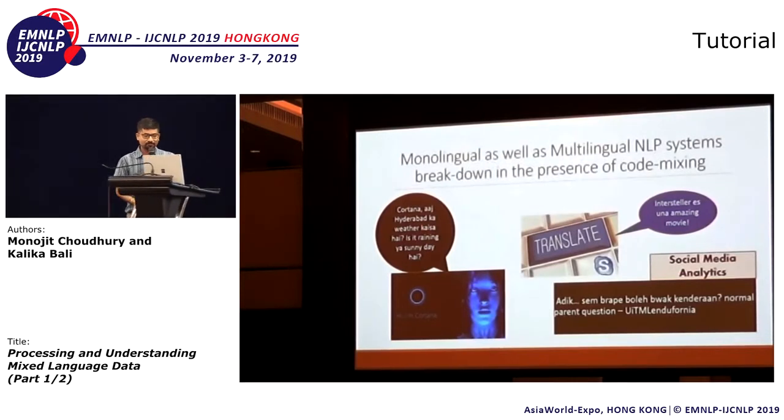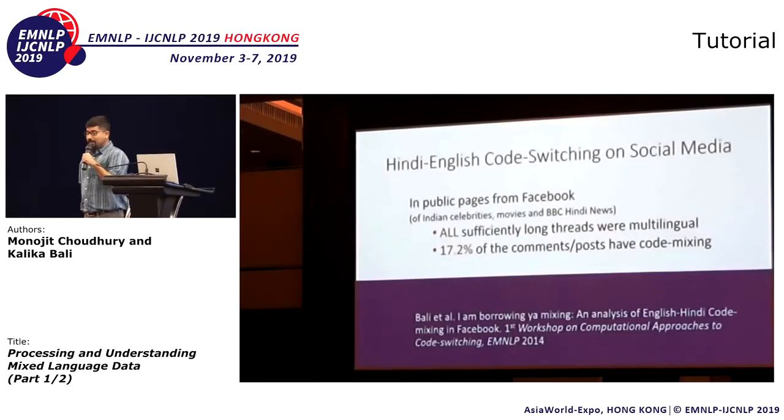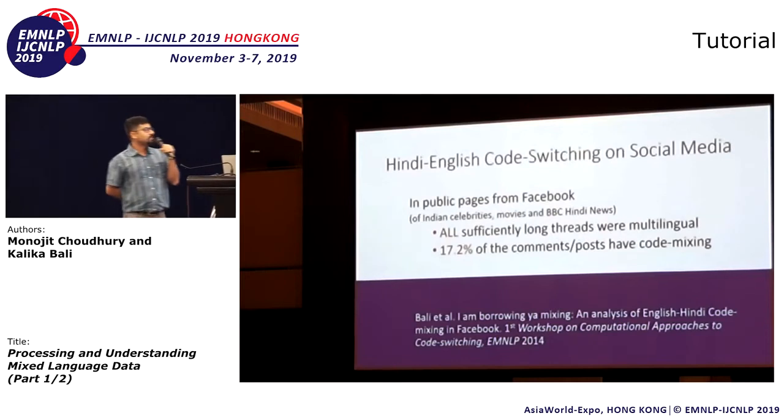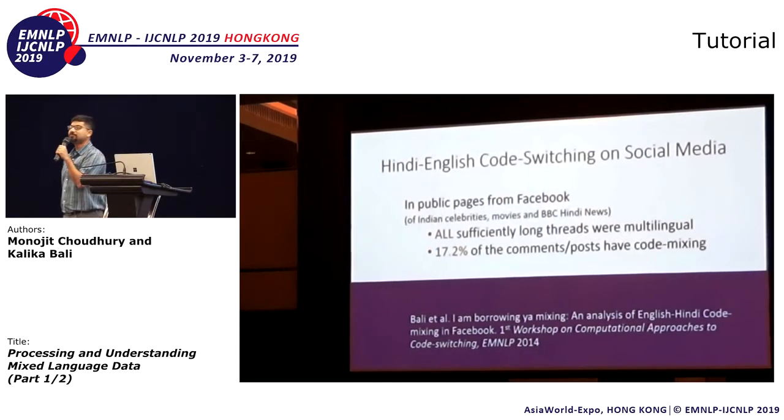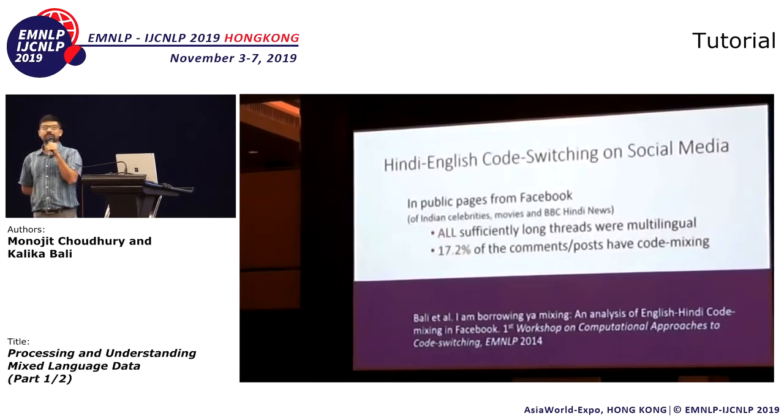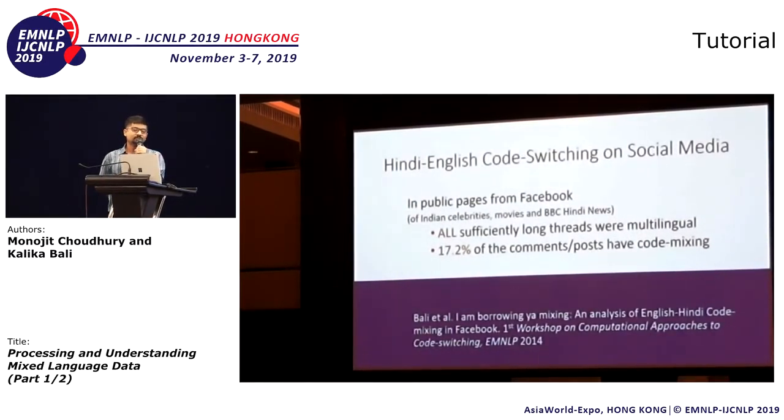So just an anecdote. When we tried to justify that code mixing is important, we thought, okay, let's see how much code mixing there is. And at that time, this is back in 2014, there were no large-scale studies, so we didn't have data on how many posts on Facebook, for instance, are code mixed. So in this study that we had done, mostly for pages related to India, we saw that all sufficiently long threads were multilingual.